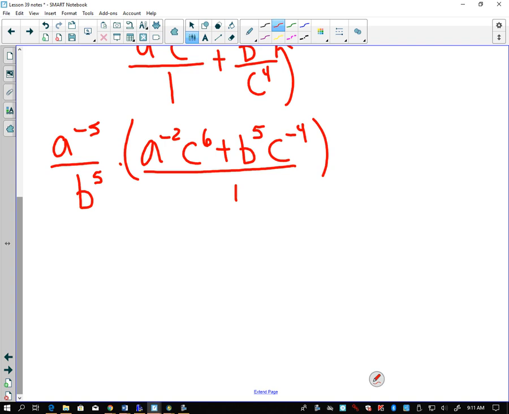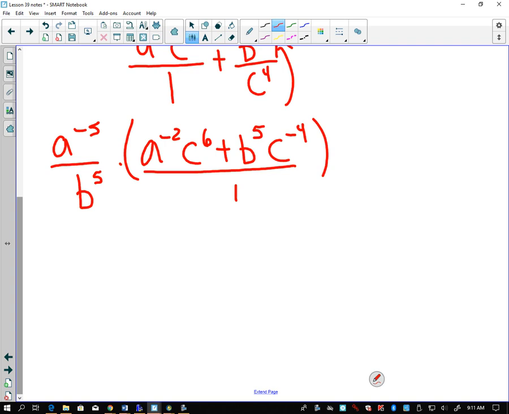What do I do with the numerators? I multiply. And what do I do with the denominators? Multiply, right? We're familiar with that. The reason I ask that is because whenever I add fractions with common denominators, I add the numerators, but do I add the denominators?